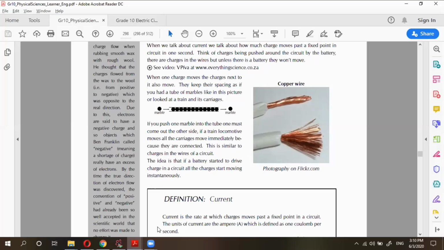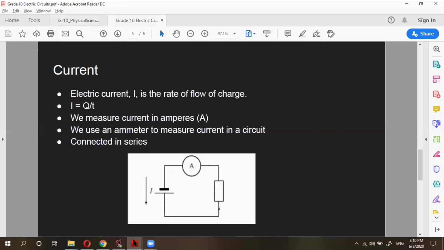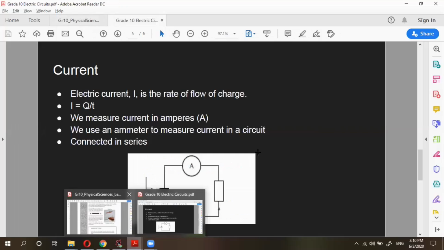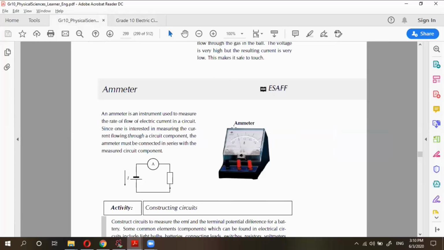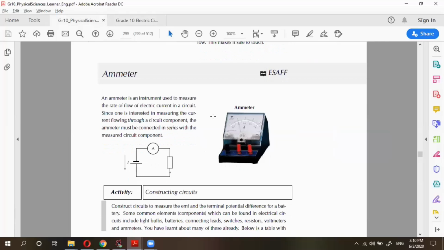An ammeter, like I said, is used to measure current in a circuit, and it looks something like this. This is how the object actually looks. The voltmeter looks exactly the same, except that it says V instead of A on it.